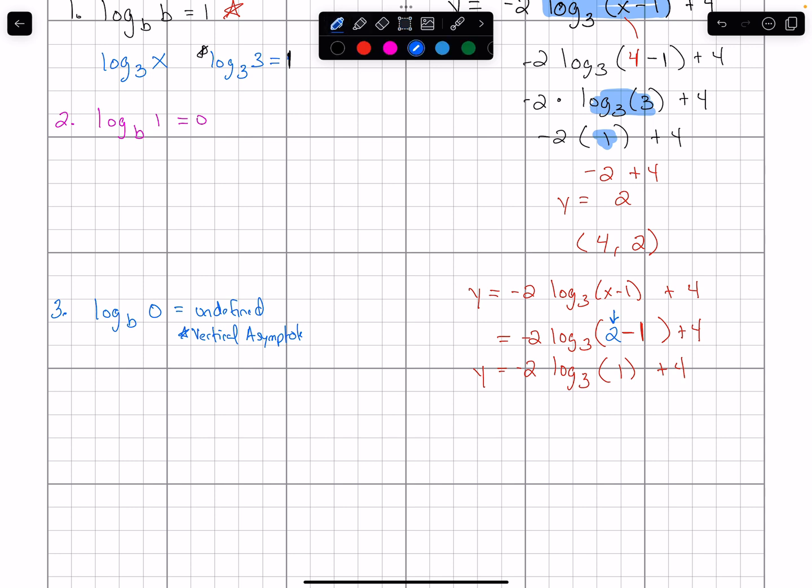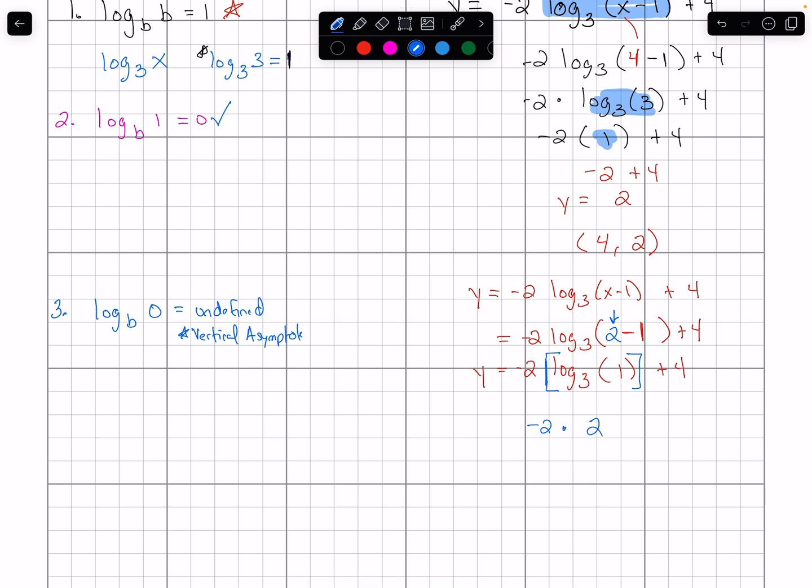So in this case, x is going to be 2. If I plug in 2 for x, then I get 2 minus 1, which is 1. So this is negative 2 times log base 3 of 1, and log base 3 of 1 is equal to 0. That's property number 2 that I'm using.